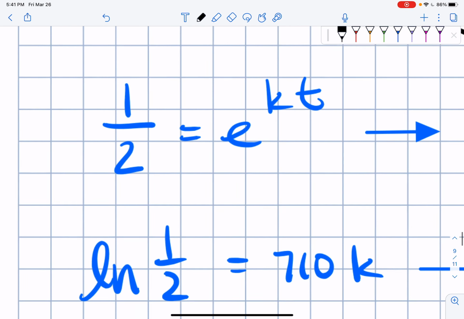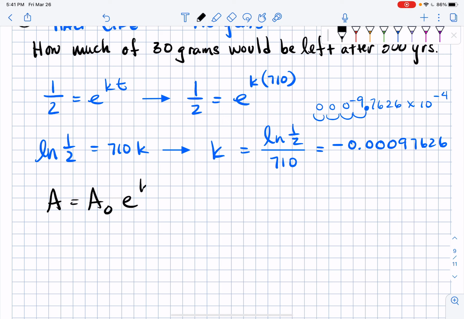However, we do have to use A is equal to A naught e to the kt, because we're given an initial amount and we want to know how much is left. So A is what we're actually looking for. The initial amount is 30, e to the negative 0.000976626 times, I'll just use parentheses, 300.